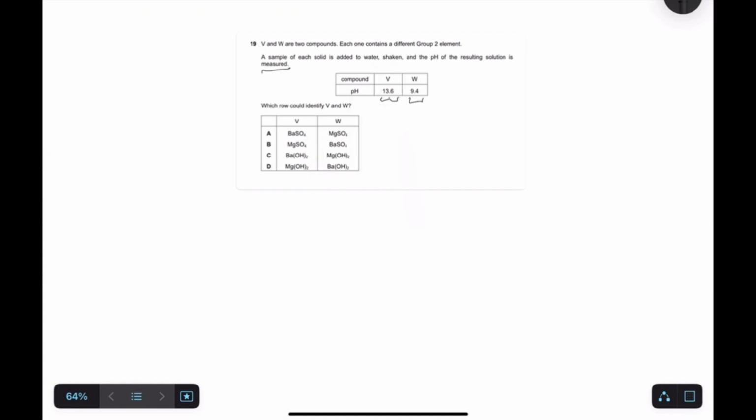To form a pH greater than 7, the compound should be a hydroxide of some element. So both should be barium hydroxide or magnesium hydroxide. But which one is which?